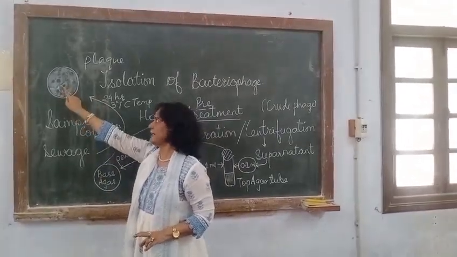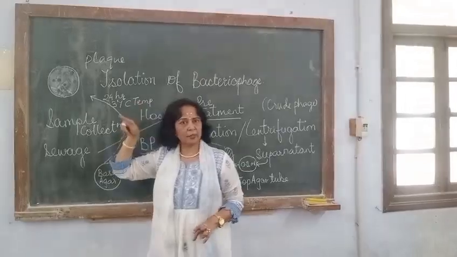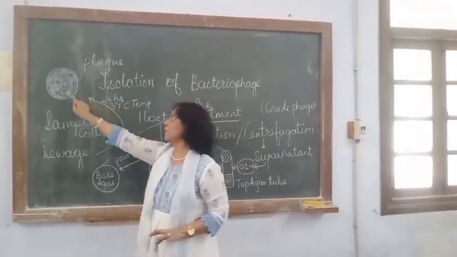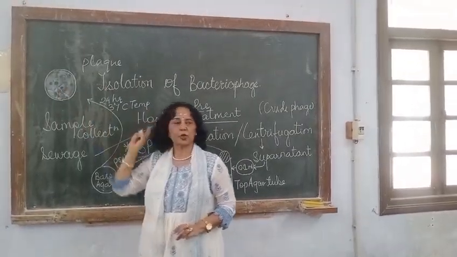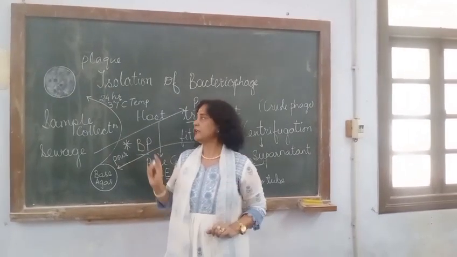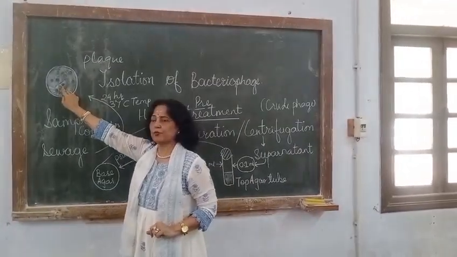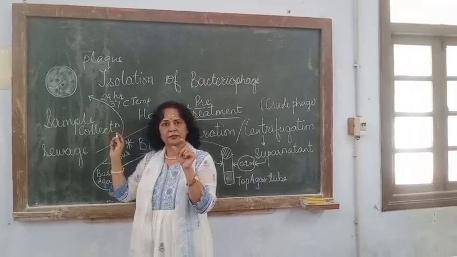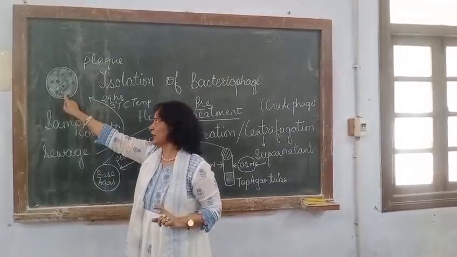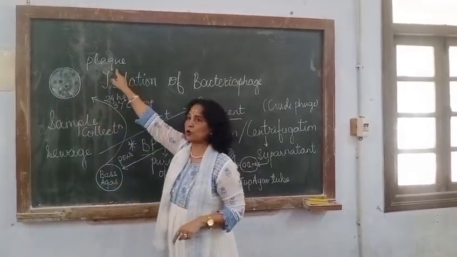So even if they are here, they have eaten the bacteria and grown in the form of a colony, but that colony cannot be visible to our naked eye. So it will appear in the form of a clear small area. Now these clear small areas are given a specific name, that is called plaque.